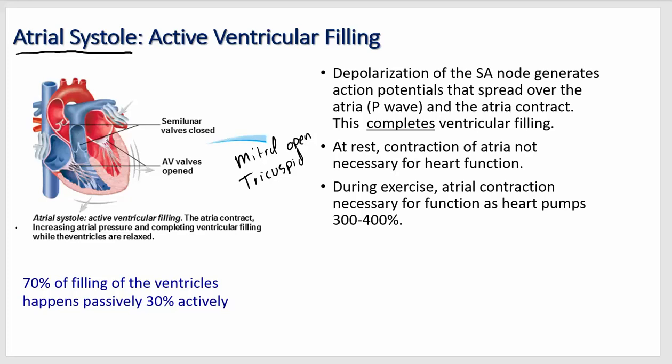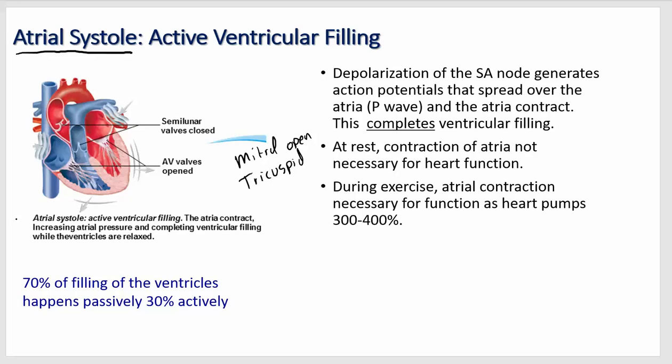If it wasn't this way, nothing would work. The atria is pushing blood into the ventricles, so that mitral valve, we're looking at the left side, has to be open, but the aortic valve better be closed, or the blood being pushed in there would just go straight into the aorta, and there would be chaos. So it makes sense. The mitral valve is open, the aortic valve is closed.